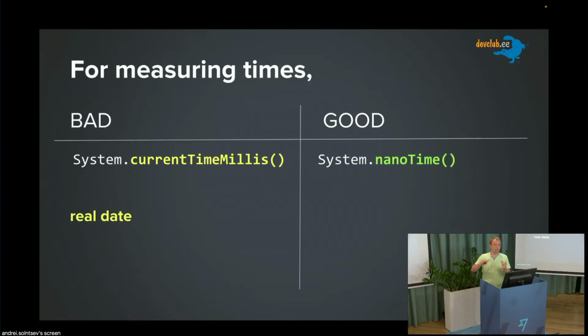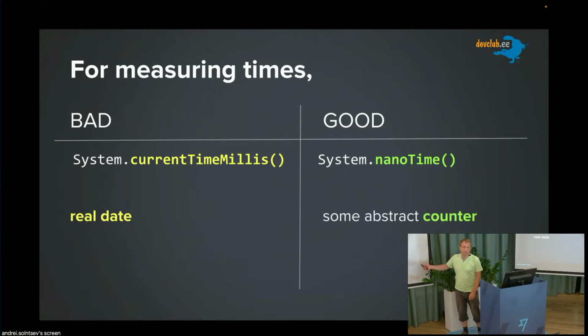You know, how many milliseconds have passed since the beginning of our era, but it returns the real date. And in case some system services synchronize time differently, it returns different times, and it might even return negative times. But nanoTime doesn't suffer from this problem.